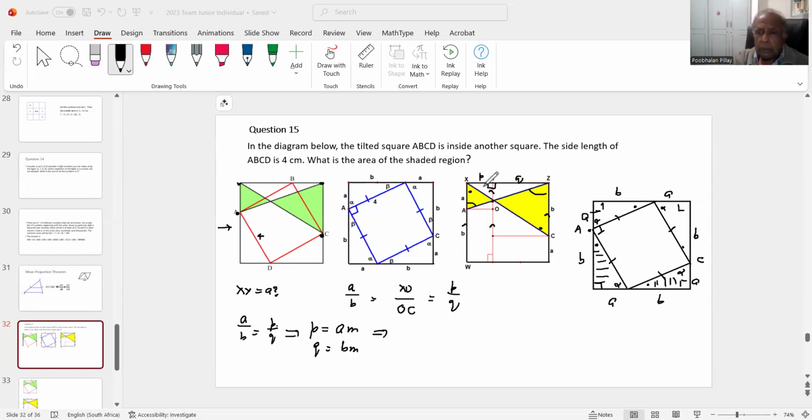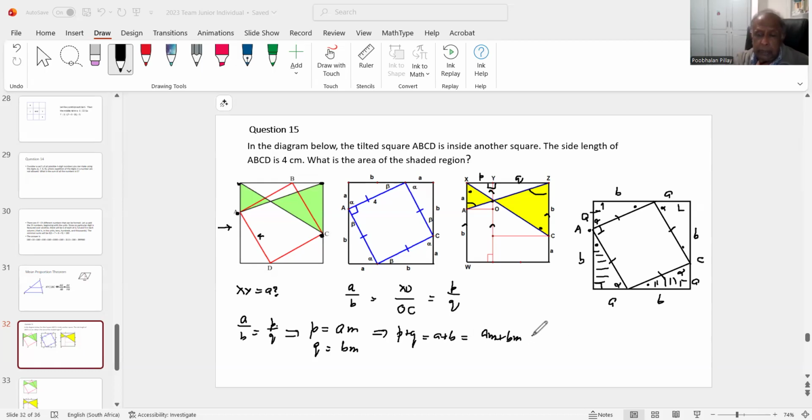Now, I know that P plus Q is equal to A plus B, because these are two sides of the square. So they are equal. And now P plus Q is equal to AM plus BM.